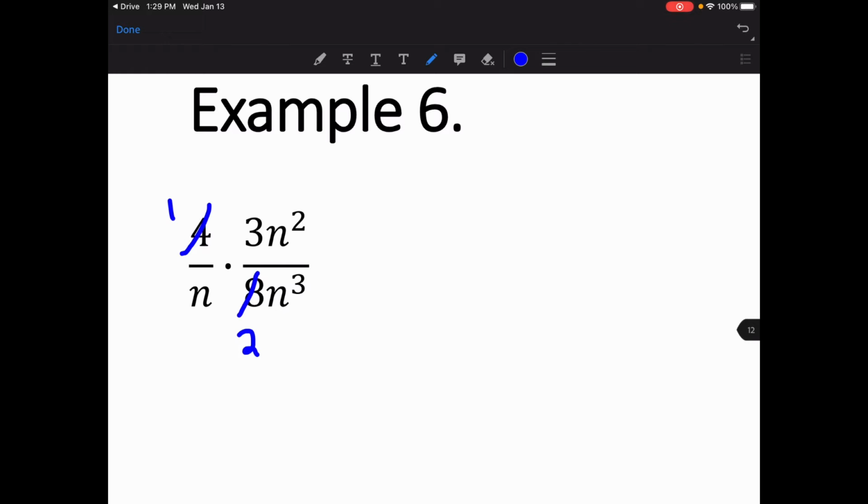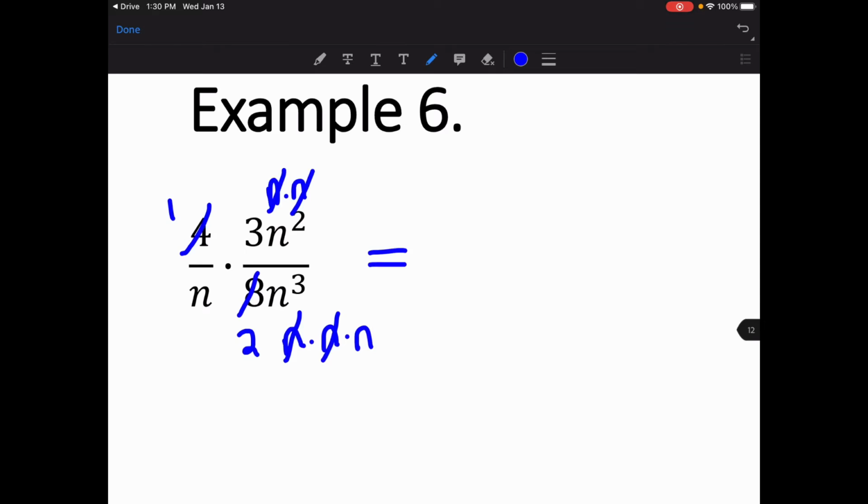Then I'm going to look at my variable here. Again, as we did earlier, n squared means this is n times n. N to the third means this is n times n times n. And then I have another n here. So can I divide any n's? If we look here, n divided by n gives me 1. N divided by n gives me 1.